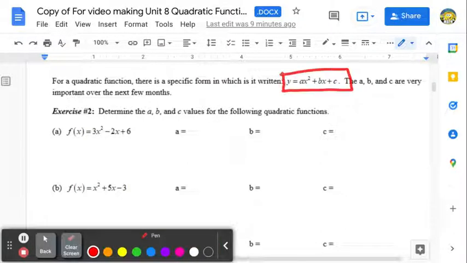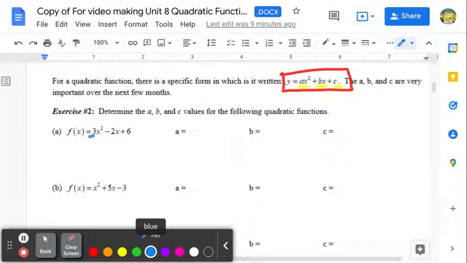There's a specific form, y equals ax squared plus bx plus c. So the a's, b's, and c's, those just stand for numbers. The important thing to notice, a is in front of the x squared, b is in front of the plain x, and c is the number that's all by itself. So for this exercise, we're just going to say what the a, b, and c are.